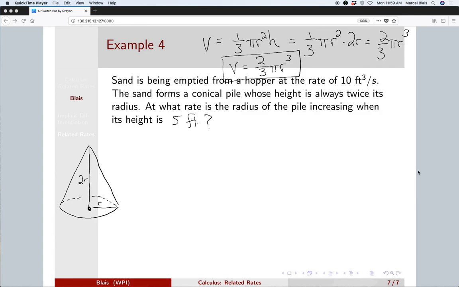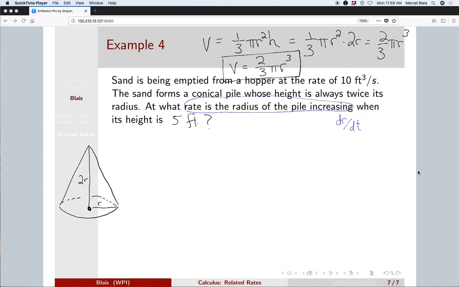We're asked at what rate is the radius of the pile increasing. Well, that's the rate at which r is changing. So we have our variable r here in a rate, and then dV/dt will be the other. But we can look at this question and realize sand is being emptied from a hopper at a rate of 10 cubic feet per second.